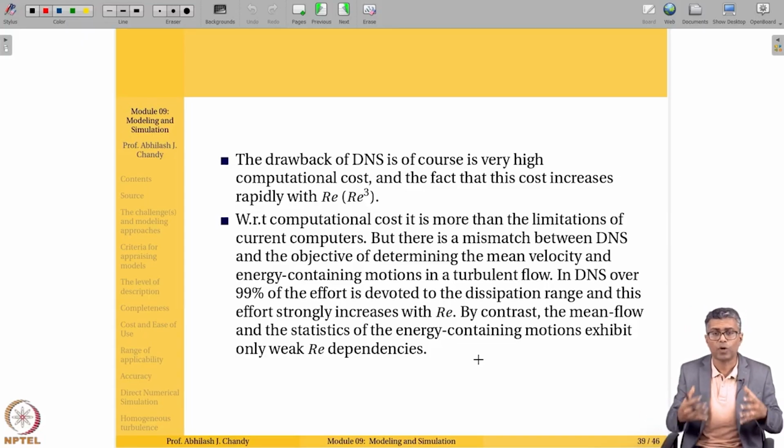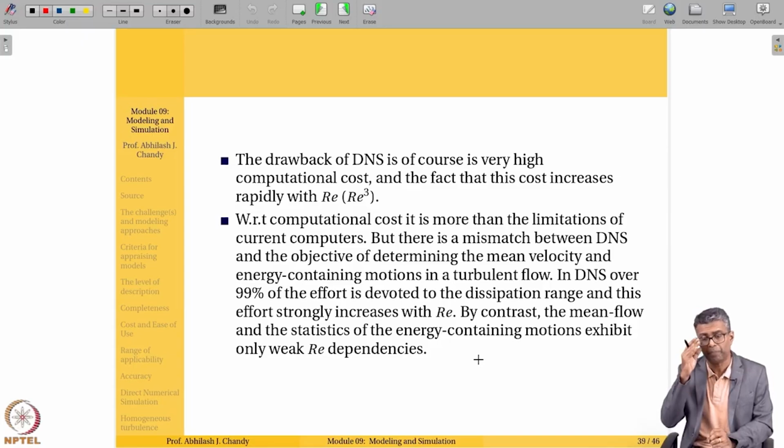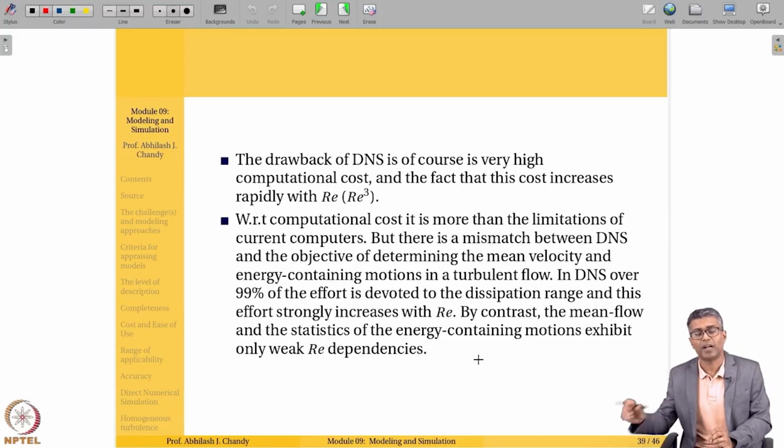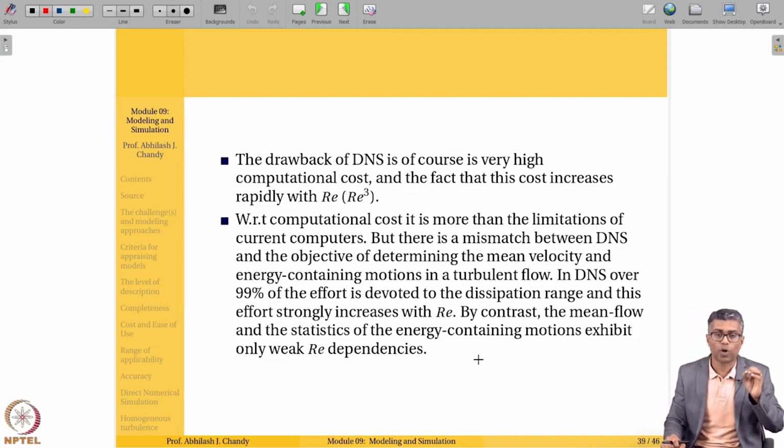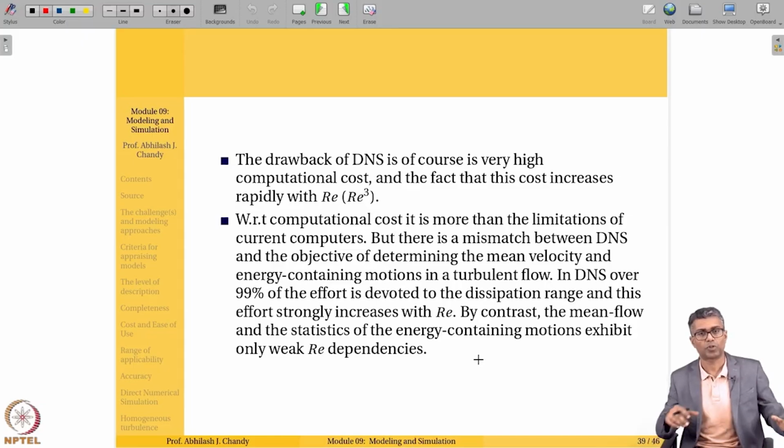One way to put it is that you are spending 90% of the cost, and I'm just putting out a number there, to resolve 10% of the energy. Isn't it? So the question will always remain, can't you just spend 10% of the cost on capturing 90% of the energy? So like a 90-10 rule.